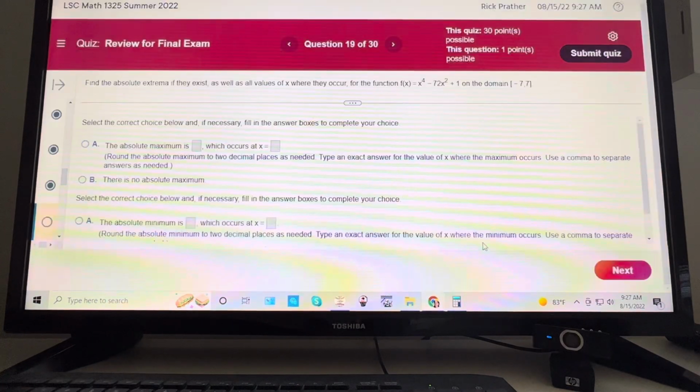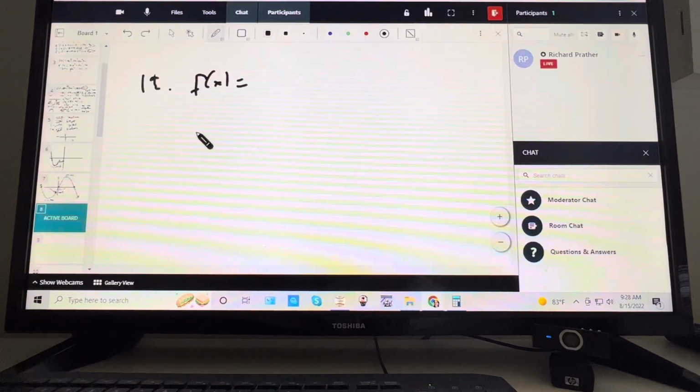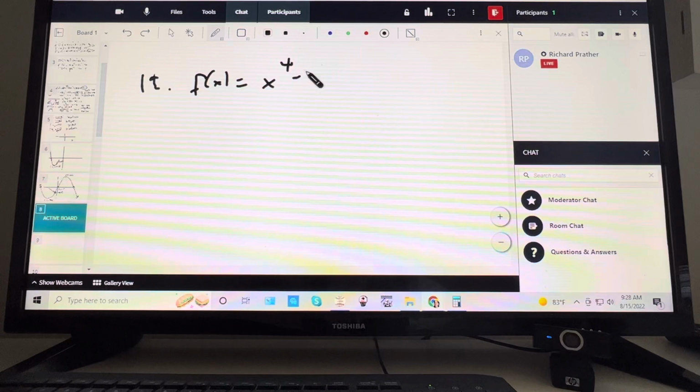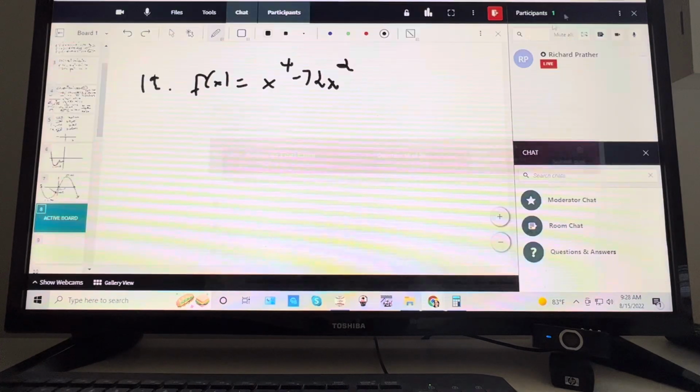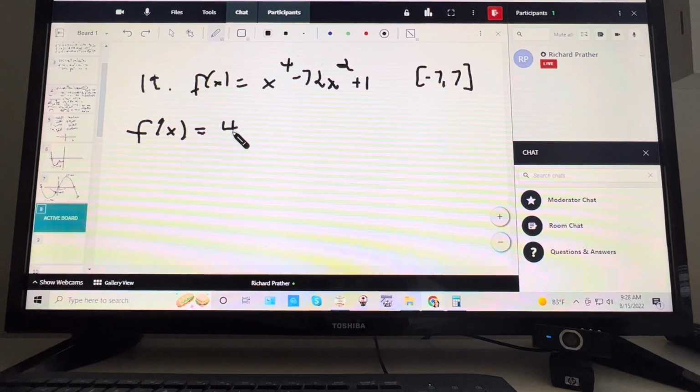So number 19, the original function is fourth power, x to the fourth minus 72x squared plus 1, and we're going from -7 to 7. There could be 3 critical numbers to this entire function, because the derivative is 4x to the third minus 144x, which can never be undefined, but it could be 0 3 times.